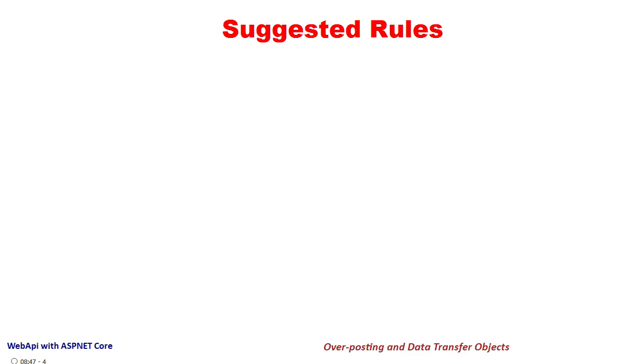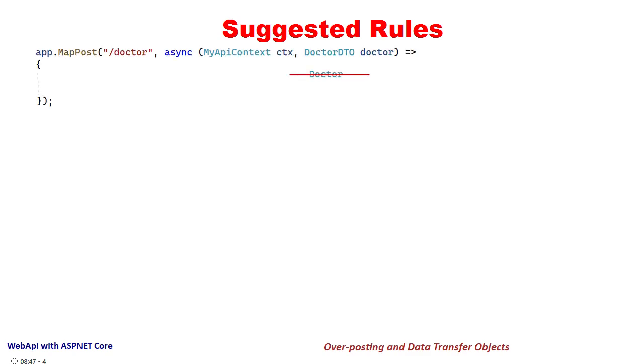I have written a few rules for using a DTO class. The first is that whenever your API takes a parameter of type Doctor, replace that parameter by Doctor DTO, because your client will communicate only through the properties contained in a DTO. If you have written an API that accepts a parameter of type Doctor, now it is time to replace that by a parameter of type Doctor DTO.